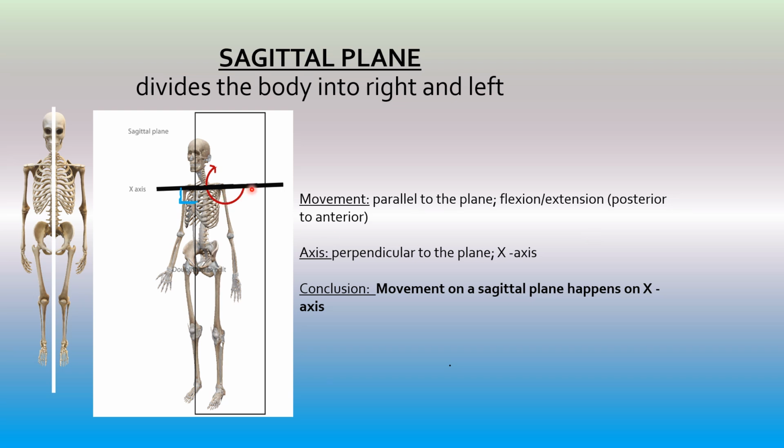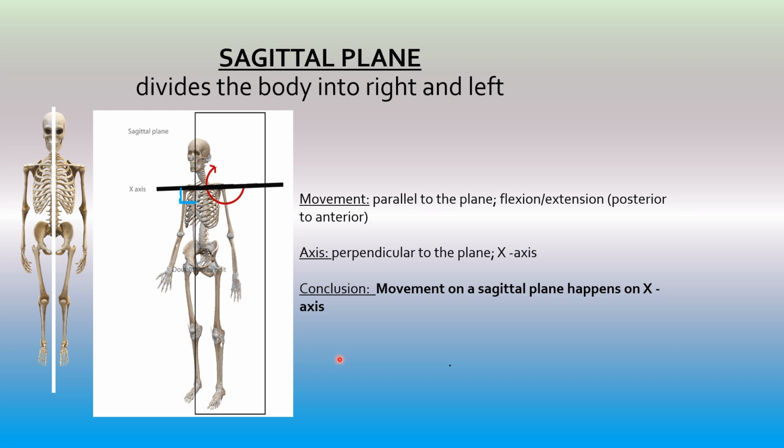Then it is represented by this humerus, or the bone of the upper arm, moving around the medial-lateral axes. So thus, we can analyze that movement happens parallel to the plane it's on. Because if you think about your shoulder flexing, that shoulder will be flexing parallel to the plane that divides your body into right and left.